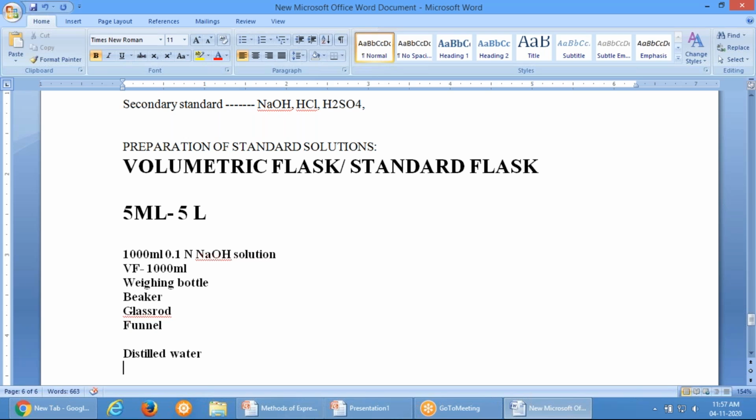You want 0.1 normal, so it will be 4 grams. Yes, 4 grams of sodium hydroxide. You have to weigh it using a weighing bottle.